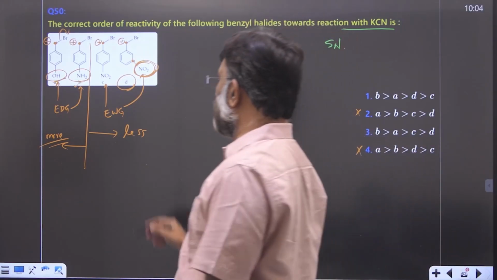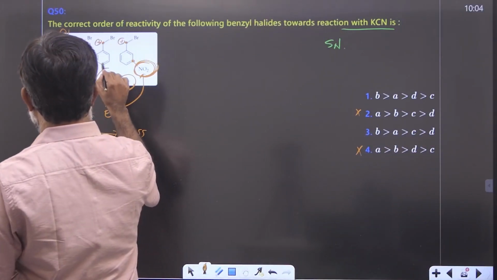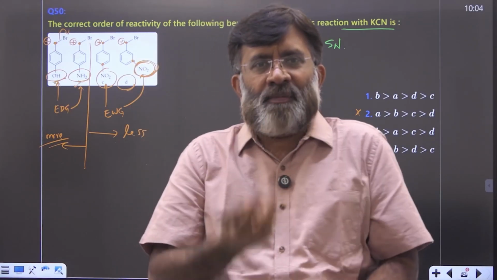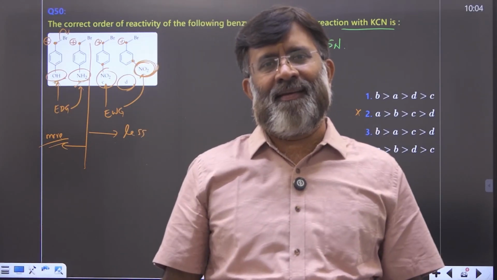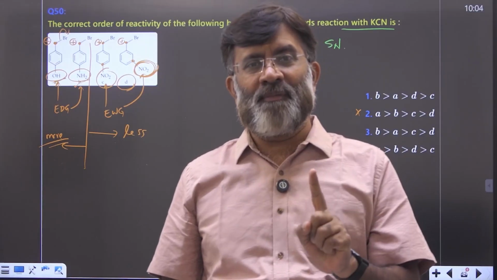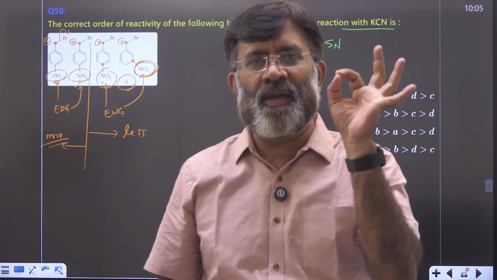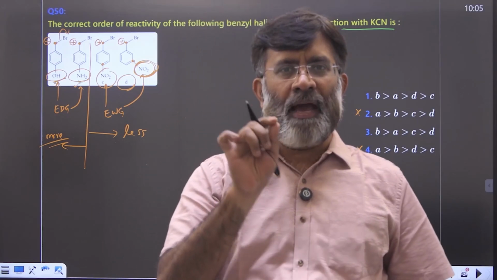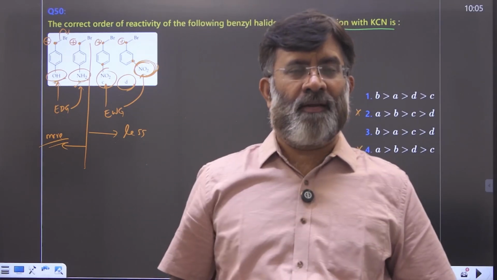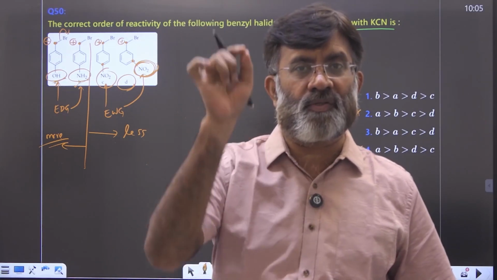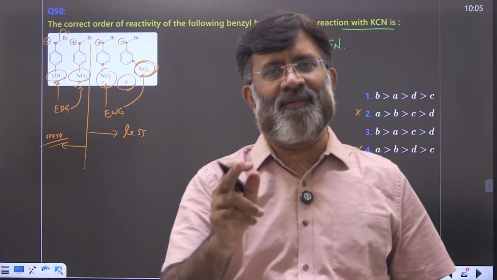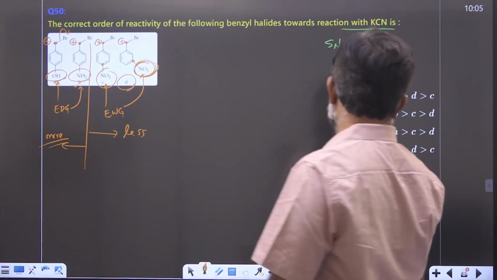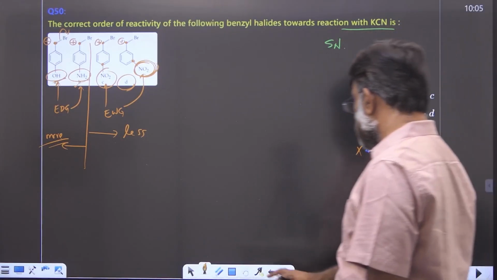This is an electron withdrawing group at a para position, and its effect is maximum. An electron withdrawing group destabilizes the carbocation, and at the para position it highly destabilizes it. And that will be last. I mean, C will be last. So the answer is option A.